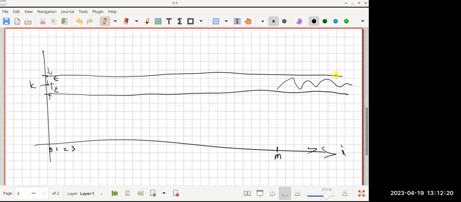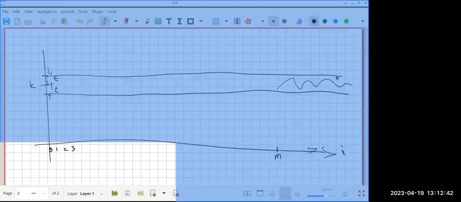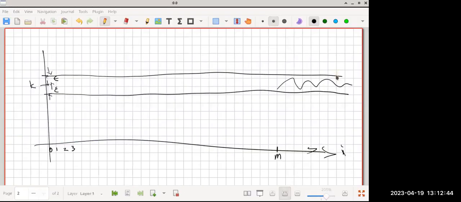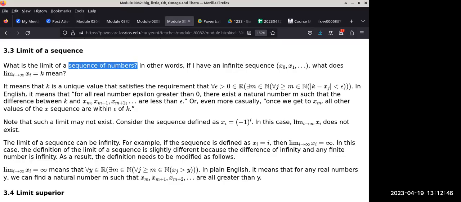If that limit statement is true, that means I just have to go a little bit further out, starting from here. All the values in the sequence will fall within that band. So as long as I can find an M, given any epsilon you can give me, then the limit statement is true. So let me switch back to the discussion here.